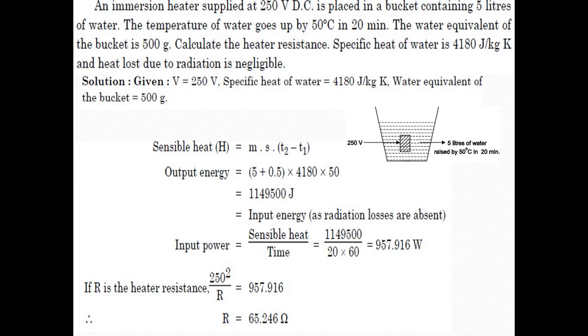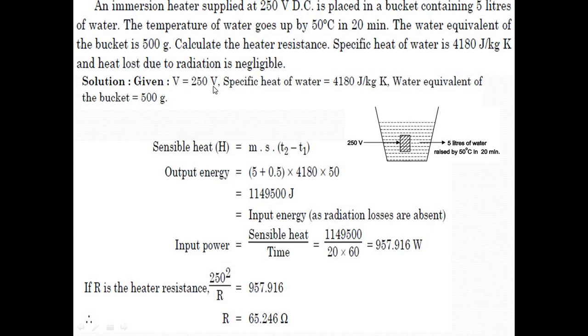Hence the total mass will be the mass of water plus the water equivalent of the container. Then calculate the heater resistance. Specific heat of water C is given as 4180 joules per kg K, and heat loss due to radiation is negligible, meaning radiation losses are neglected.